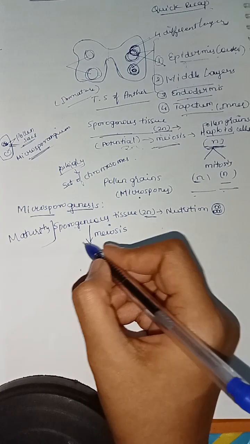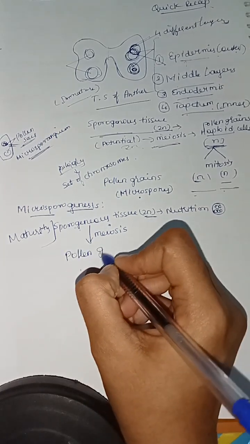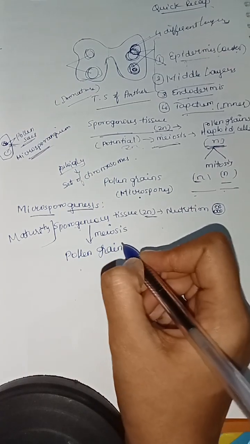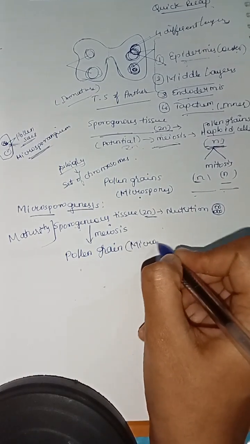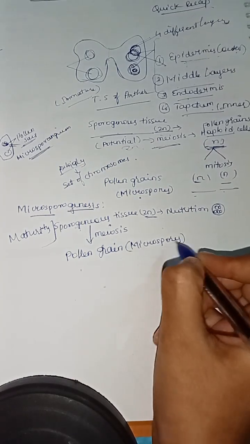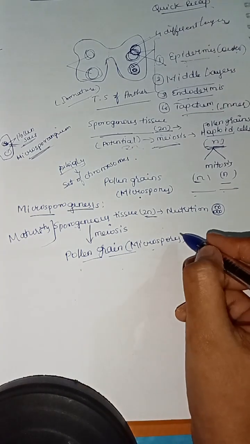What will form? It will form the pollen grains, which we call microspores. Hence this process is called microsporogenesis.